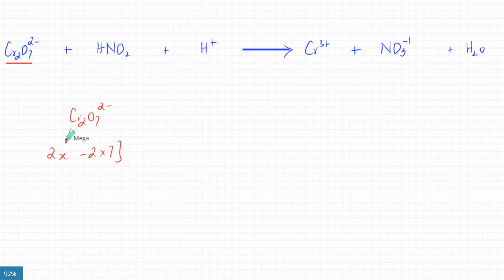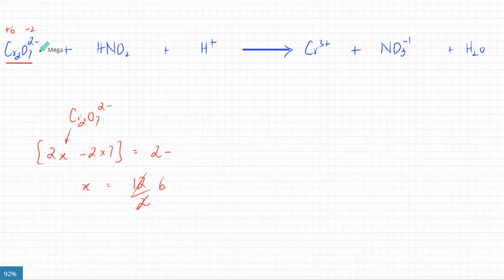And the entire ion has a charge of 2-. So if I try and calculate for X, -14 goes to the other side, that's 12. And then 12 would be divided by 2 because there's 2X, and this comes out to be +6. So that means chromium over here is +6. And oxygen by default is -2. Oxygen is always -2.